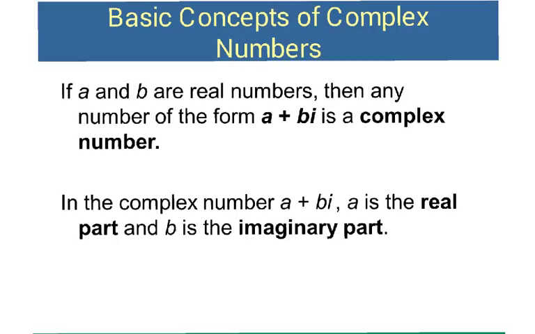So when we do some examples, you'll hear me say, let's add together the real parts, add together the imaginary parts. The imaginary parts are like terms, and the real parts are like terms whenever we go to add or subtract them.